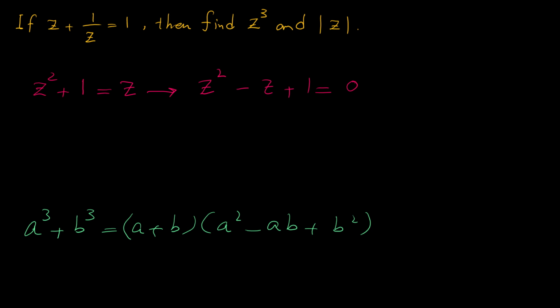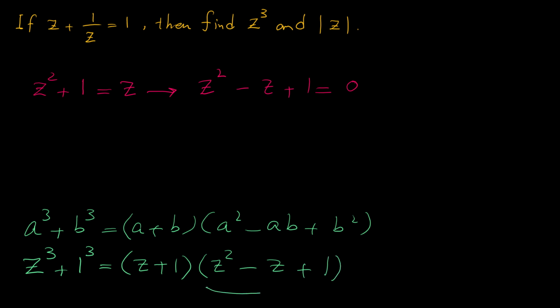Based on this identity, what is z to the 3 plus 1 to the 3? This equals z plus 1 times z to the 2 minus a times b, z times 1, z, plus b to the 2, b is 1, 1 to the 2, 1.